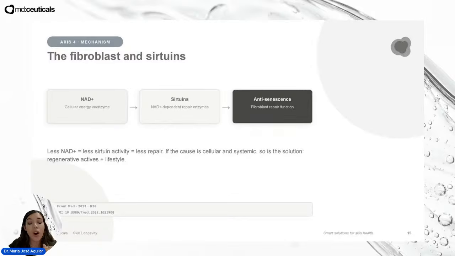In the case of NAD, going back to the anti-aging treatments, if we use just an anti-aging treatment to make filler, to restructure the tissue, we are not going to have enough treatment or enough energy to make that skin look better.